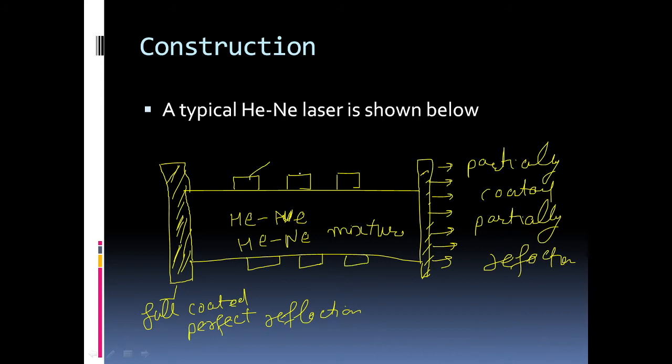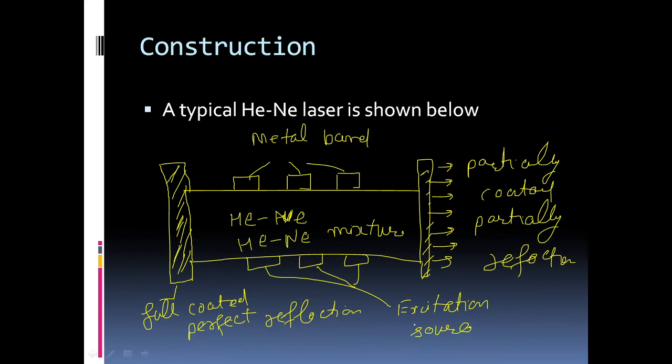These are the metal bands, also called the excitation source. Let me discuss all the terms one by one.